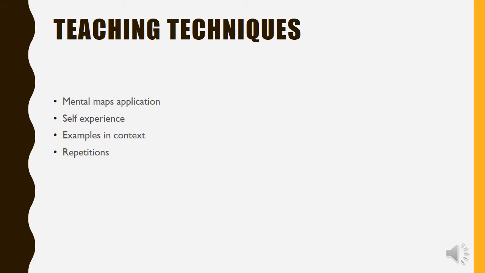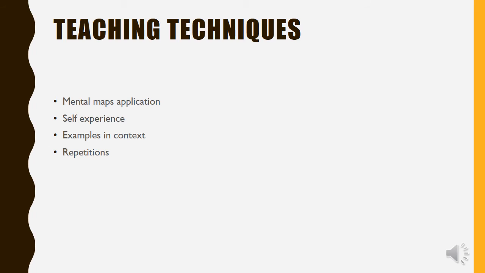If we talk about self experience, this is something very wide because you can use it to narrate, to write, or to make oral presentations about experiences you had in the past or you're having in the present and talk about it applying adjectives. Examples in context are those excerpts of reading.